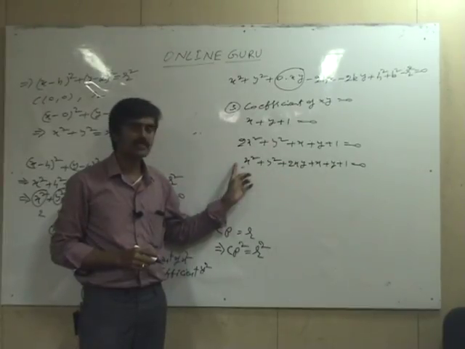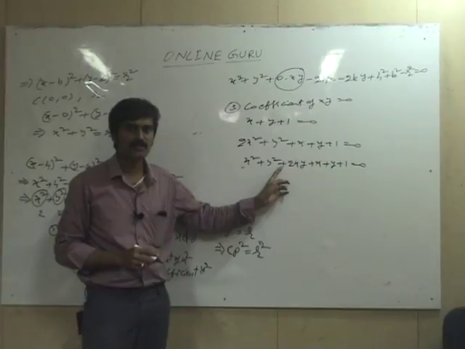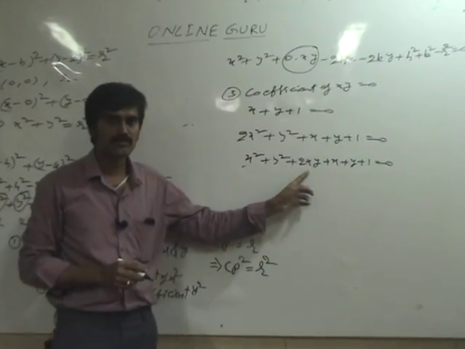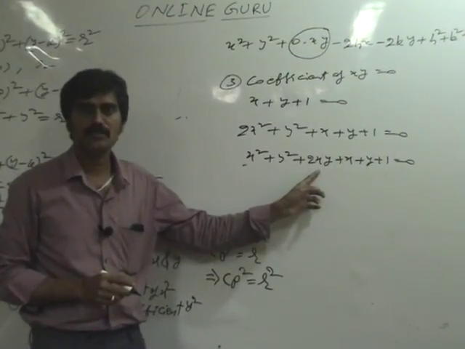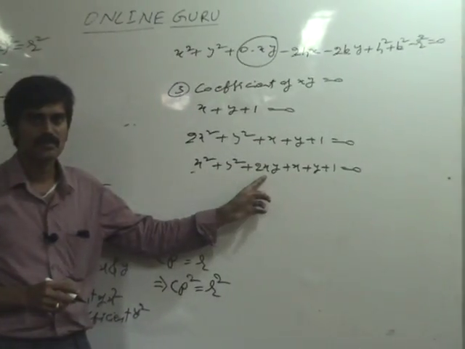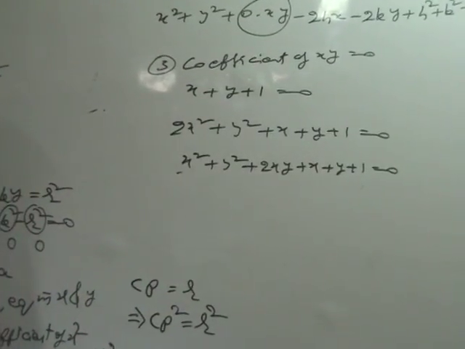And the coefficient of x square is 1, coefficient of y square is 1, coefficient of x square equal to coefficient of y square, second property is satisfied. And here the coefficient of xy is 2, but our property is coefficient of xy equal to 0. So it is not a circle equation.